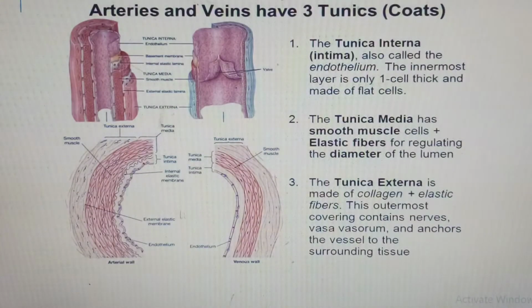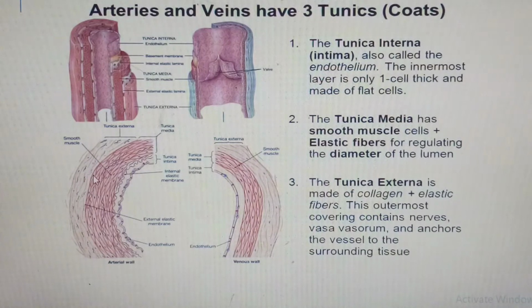So as I indicated, this is just a cross section showing what we are talking about. Now you see this is what we call the tunica intima or tunica interna. Now this is the tunica media. In between the tunica intima and the tunica media, we are going to see these undulating elastic fibers of the internal elastic lamina.